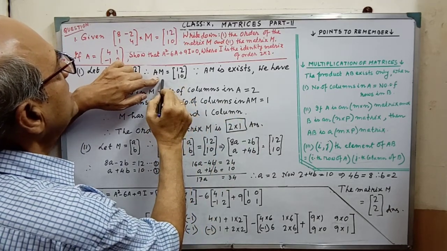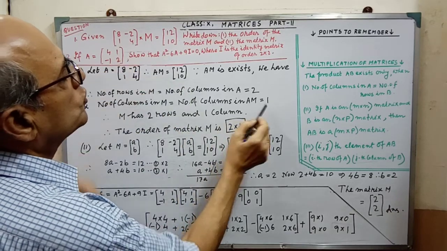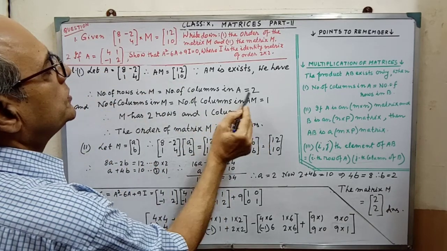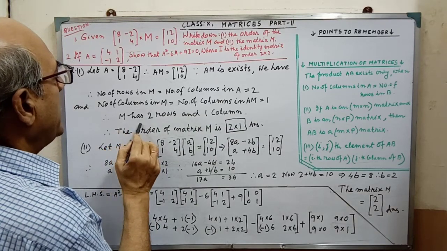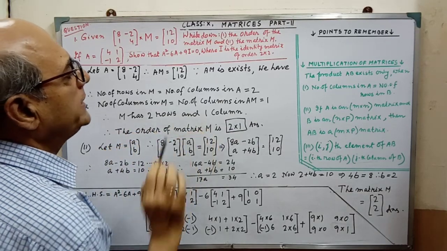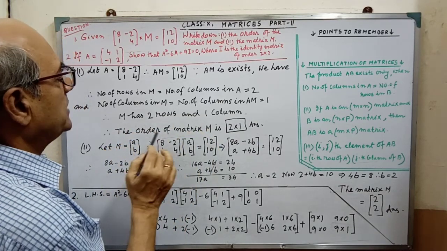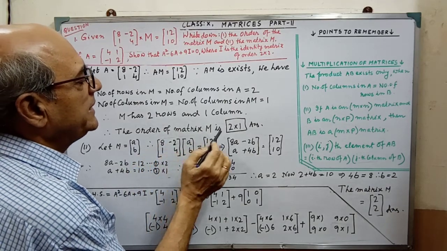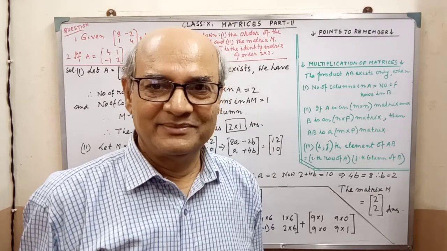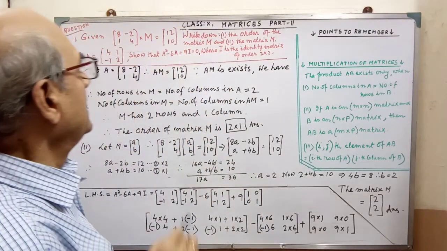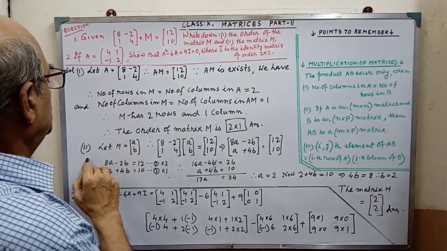The number of columns in AM is 1. So 1. Number of rows 2, number of columns 1. Therefore M has 2 rows and 1 column. Therefore the order of matrix M is 2 by 1. Very simple. Okay.